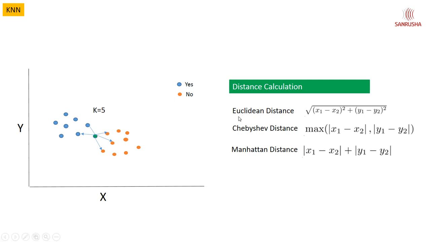First one is Euclidean distance. It will take x1 of this point with the x1 of the neighboring point, find a difference, square that difference. Similarly, y1 of this point and y1 of the neighboring point, and it will take a total of that. It will do that for each of the values here, and for whichever combination it finds this value as the lowest, that is the combination of 5 neighbors it will consider.